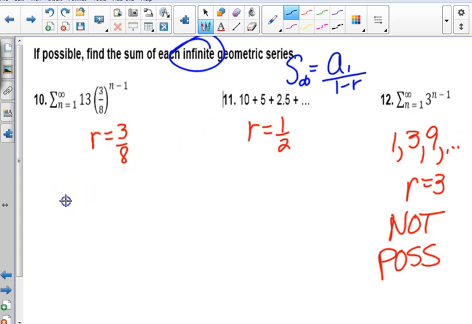All right. Let's go back and do the sum formula. The sum of infinite terms is, what's the first term here, guys? 13. You can put in a 1 and it will come out 13. Over 1 minus 3/8.